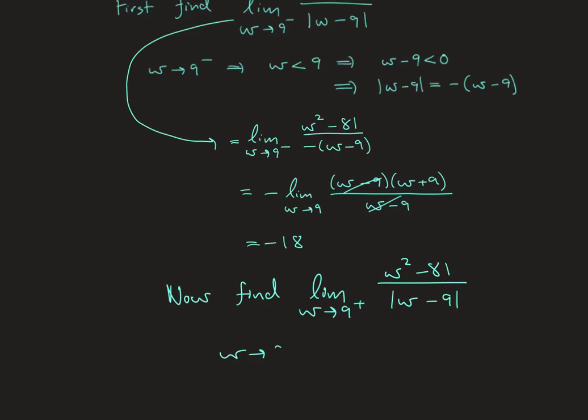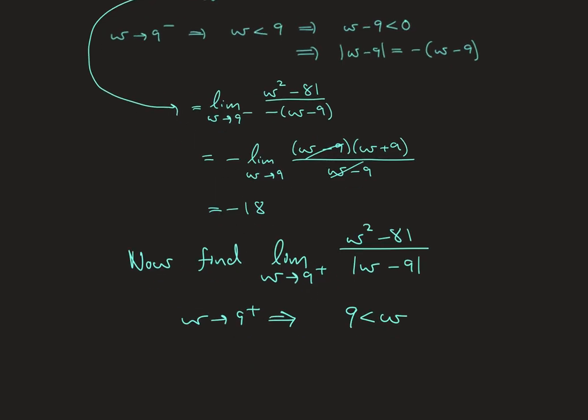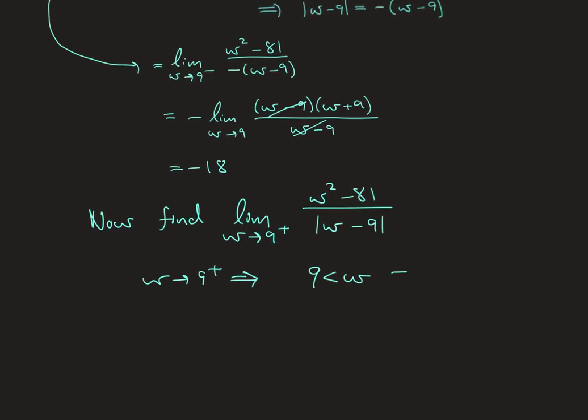W approaching 9 from the right implies that w is bigger than 9. Oop, that's a 9. I'll write it like this, kind of reading from left to right. And that implies that w minus 9 is positive, and that implies that the absolute value of w minus 9 is just going to be w minus 9. And that changes our limit.